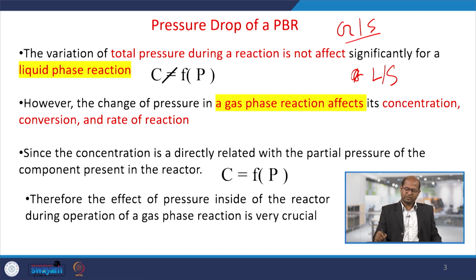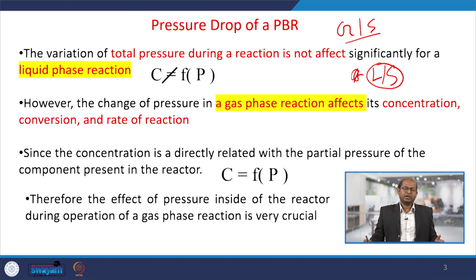For liquid and solid reactions, where liquid is the reactant and solid is the catalyst, it has been observed and studied that the total pressure during the reaction is not affected significantly. In the case of liquids, the pressure is not affected significantly as compared to gas and solid reactions, where the reactant is the gas and the catalyst is the solid.